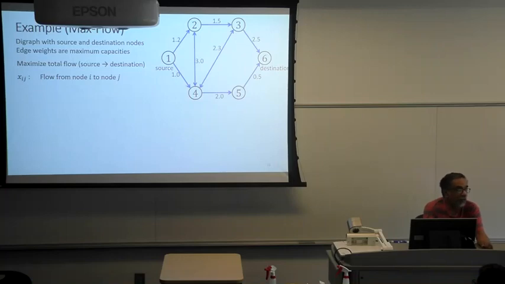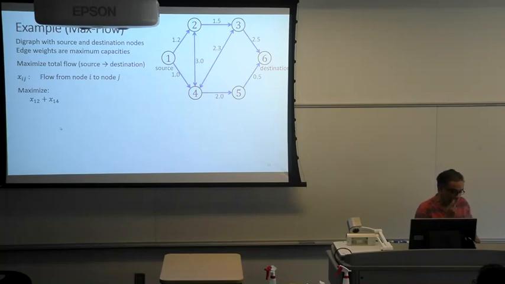We want to maximize the flow. We can either look at the source, x12 plus x14, as the one that we maximize, or alternately, we could maximize x36 plus x56, the inflow to the destination instead of the outflow from the source. We can choose to maximize either these two or these two, same thing.